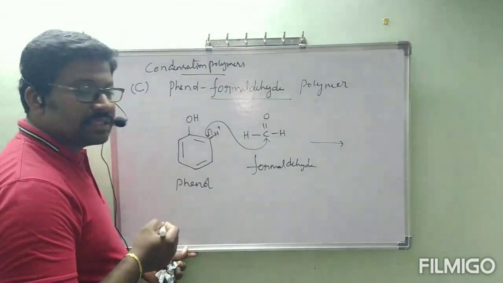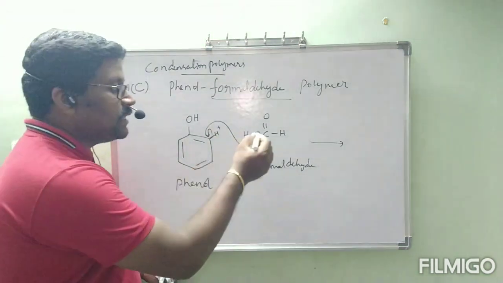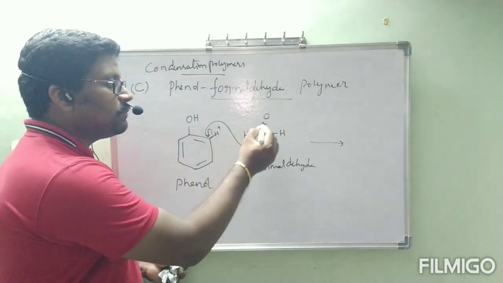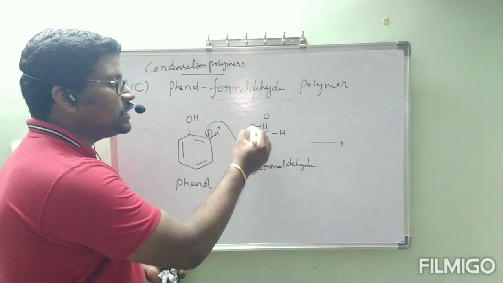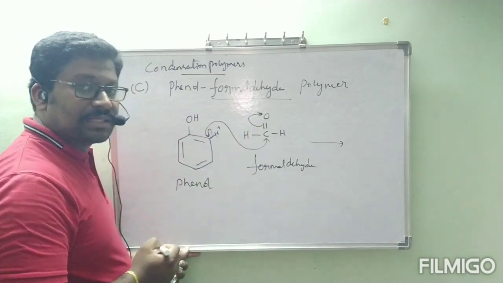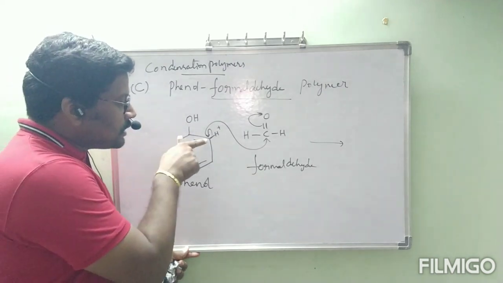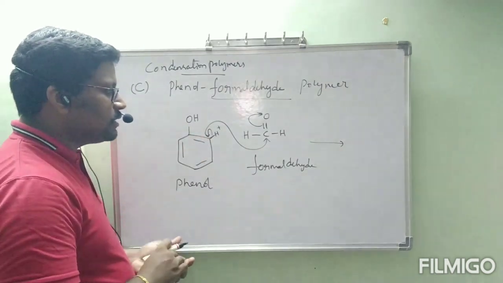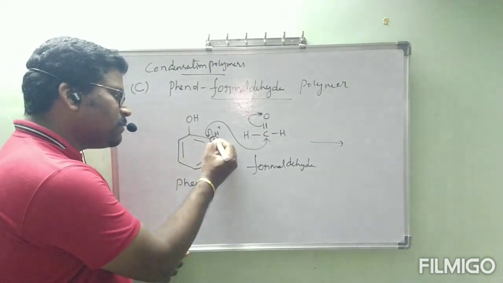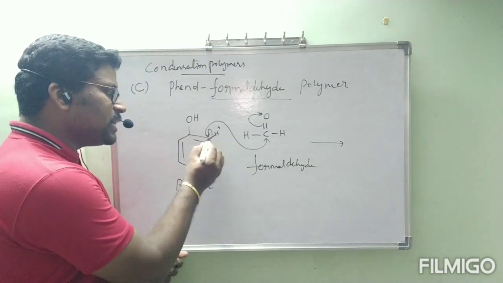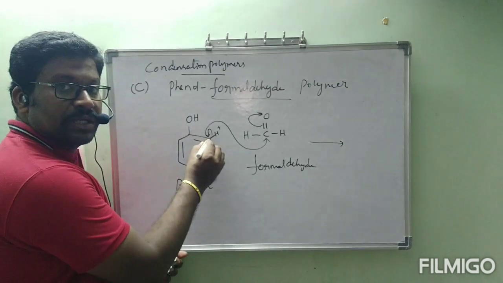Sir, why is it undergoing this reaction with carbon? Because between carbon and oxygen, which is more electronegative, oxygen. Obviously the pi bond is there. This pi bond is shifted towards oxygen as O minus. One more time, this carbon hydrogen bond is cleaved towards carbon, and this carbon gets negative charge.